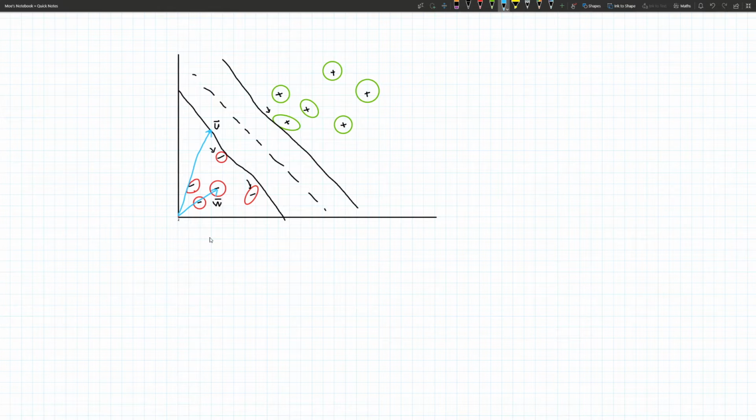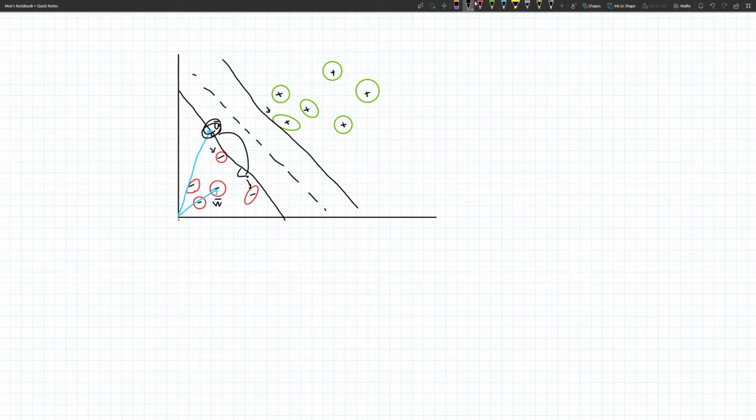What is important here is we need to know which category this unknown point belongs to. But first we need to project that unknown point onto W, so it would also be orthogonal to the street, or the decision boundary.